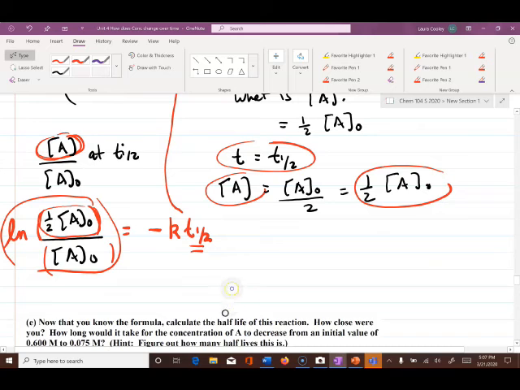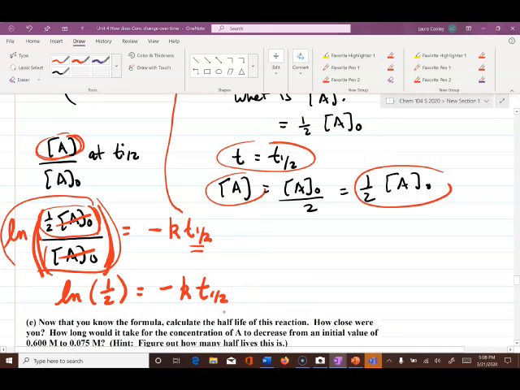I end up with the log of this whole thing, but you can see I have A0 in the numerator and the denominator, so I end up with the natural log of 1/2 is minus k times T1/2.